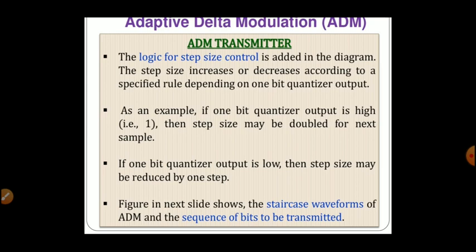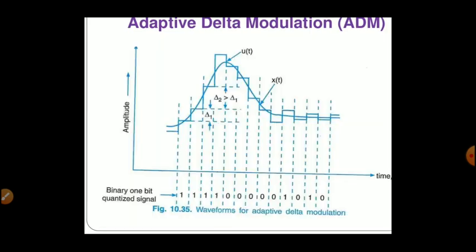The step size increases or decreases according to a specified rule depending on the 1 bit quantizer output. If the 1 bit quantizer output is low, the step size may be reduced by 1 step. The figure in the next slide shows the staircase waveforms of ADM and the sequence of bits to be transmitted. This is called adaptive delta modulation.